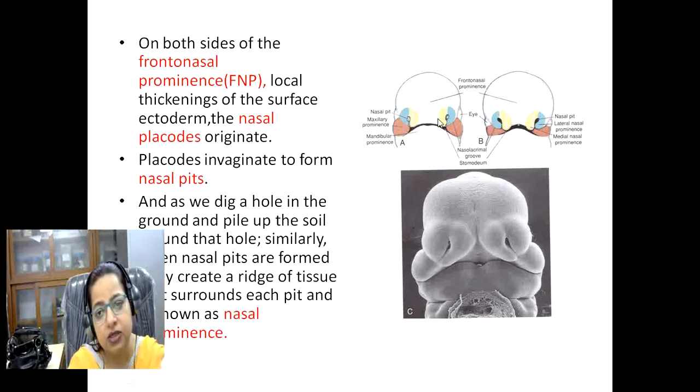Here in the diagram, the yellow ones are the medial nasal prominences on either side, and the blue ones are the lateral nasal prominences. So there are 2 pairs again, 2 medial nasal prominences and 2 lateral nasal prominences, whereas the orange color is the maxillary prominence, and caudally it is the mandibular prominence.